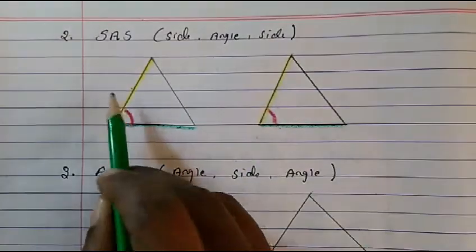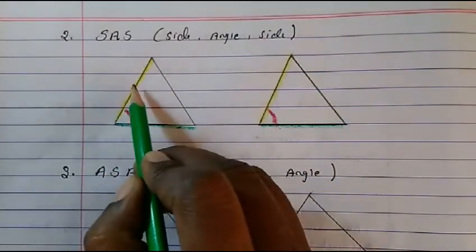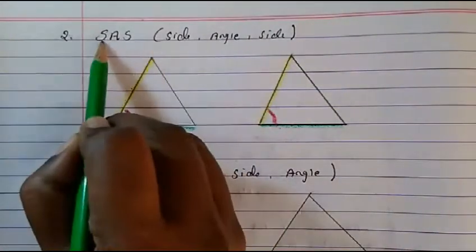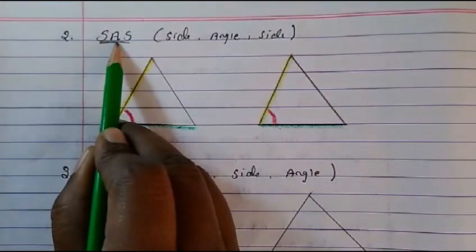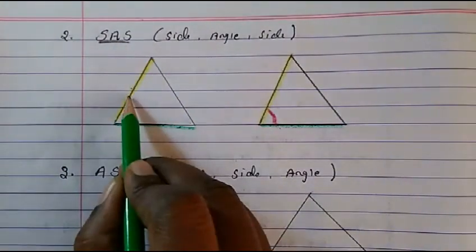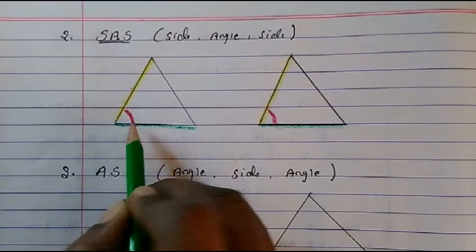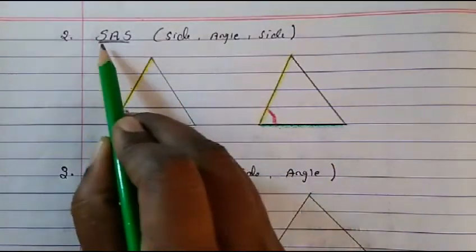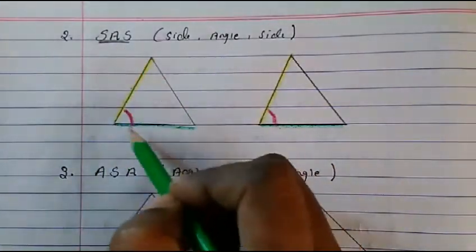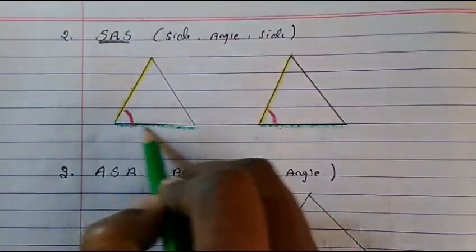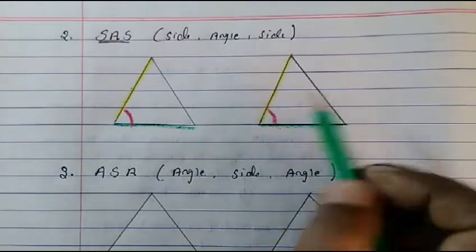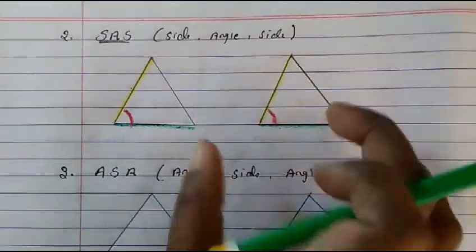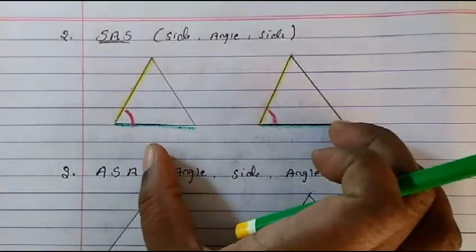The sequence should be maintained. You cannot have a side, then a side, then an angle. You can't change the sequence. After a side should come an angle, after the angle should come a side. You cannot give a gap anywhere. So side, angle, side. If you get this correctly in sequence, then we can say both triangles are congruent to each other.